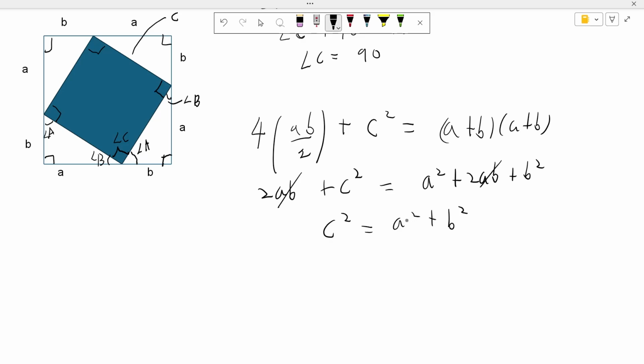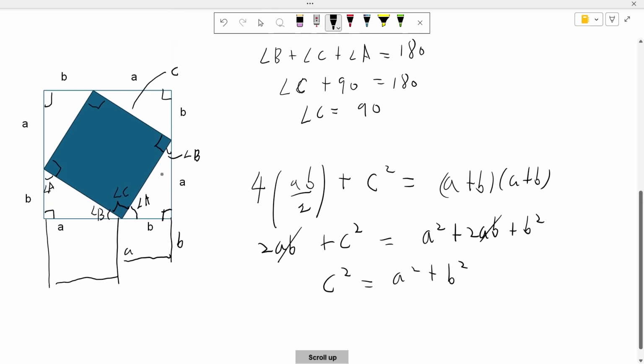anything squared is just a square. So we can just sort of extend this and say this represents this, and this represents the other square. And when you add them together, you get, this is C, so you get this thing, exactly this bluish looking square.